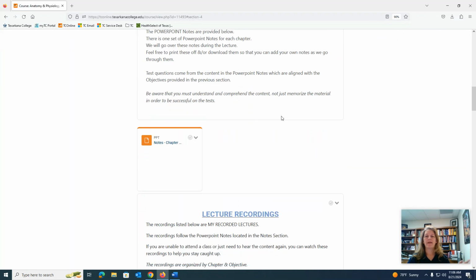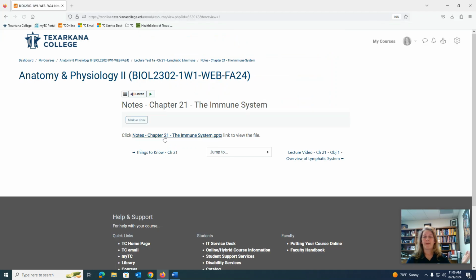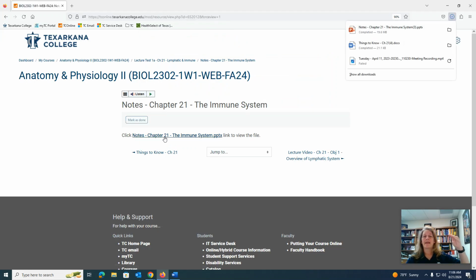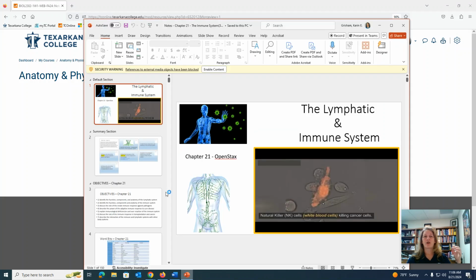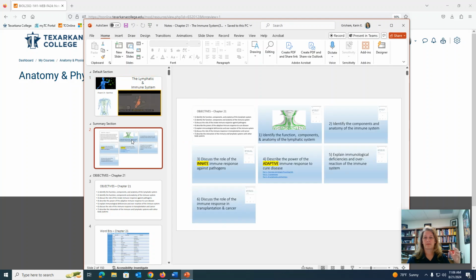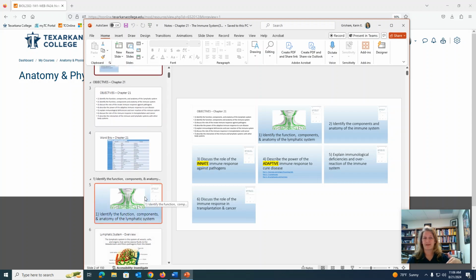Okay, so you've got the PowerPoint over chapter 21, and when you open that up, you will see the objectives listed within the PowerPoint, and then there's a video that goes over each objective. You can jump straight to those objectives if you need to.